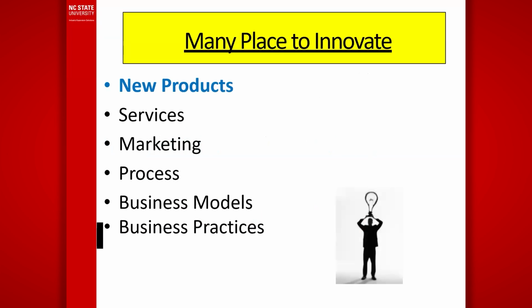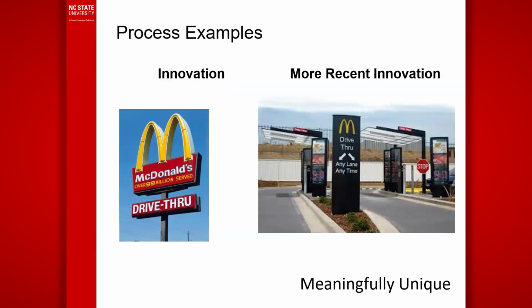But if you need to innovate around new services or new marketing methods or new manufacturing processes, I have helped companies, and we believe this same process works across the board. But most of the examples in this presentation are centered around products because that's what most people use it for, we find. There can be process innovations.